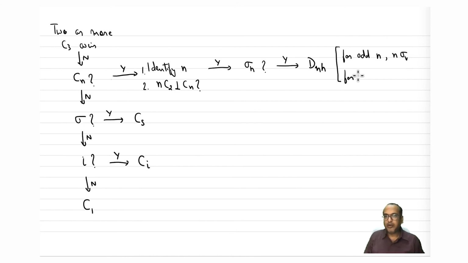And for even n, there are n by 2 sigma v's and n by 2 sigma d's. Okay, this you can confirm by looking at different point groups.